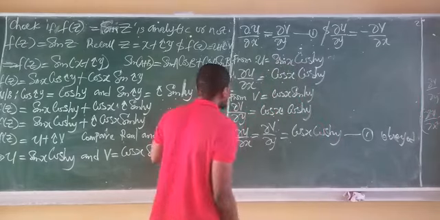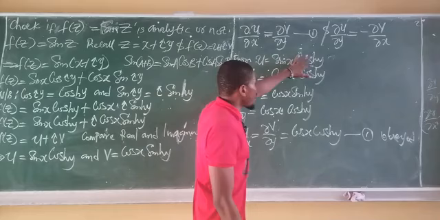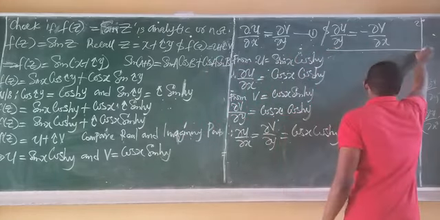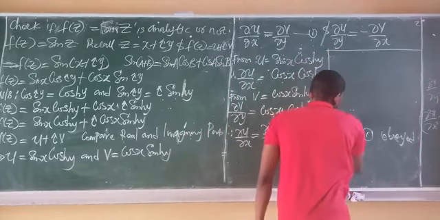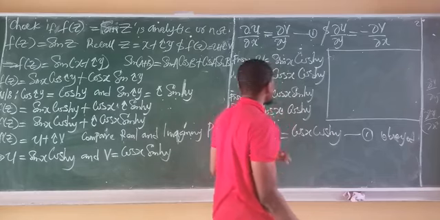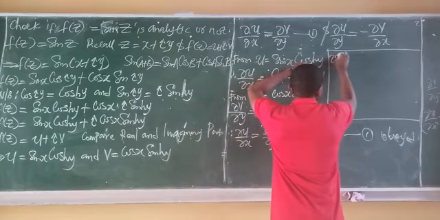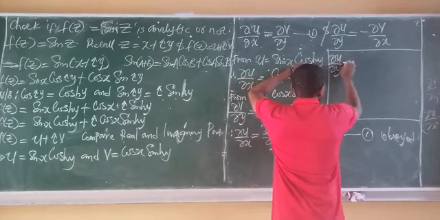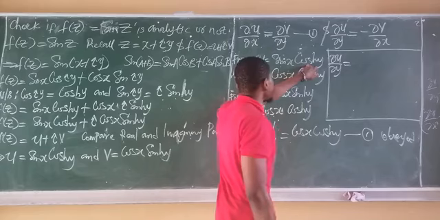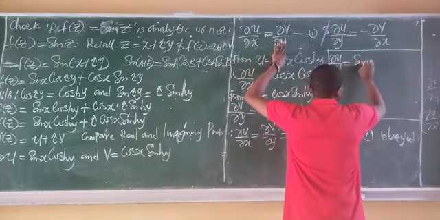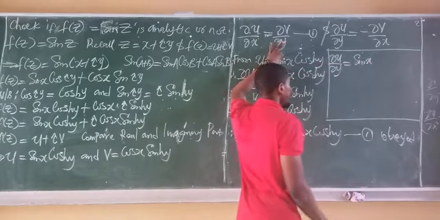From u equals sine x cos y, let's differentiate u with respect to y. Partial u partial y will give us, now we are keeping x as a constant, so you simply keep sine x, hold it as a constant since it doesn't contain y.